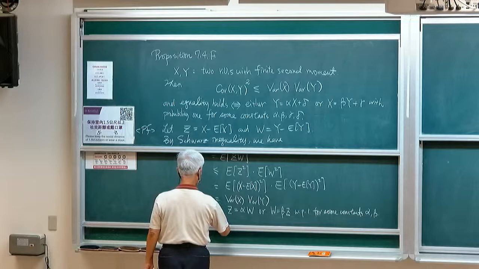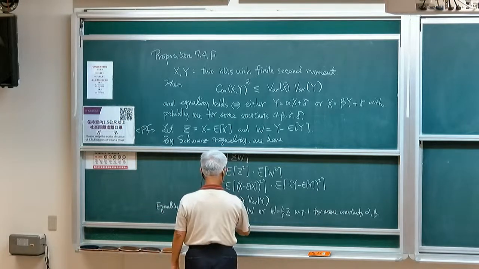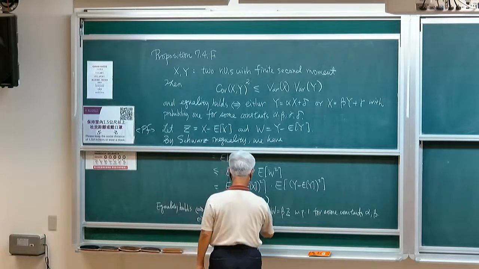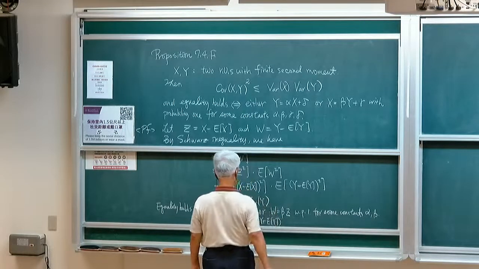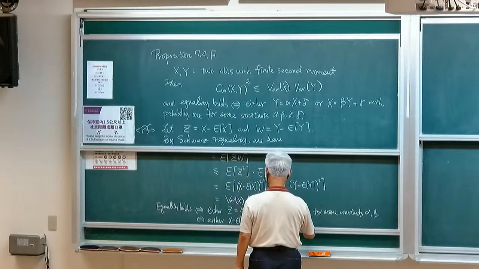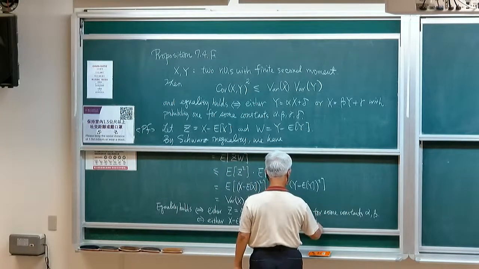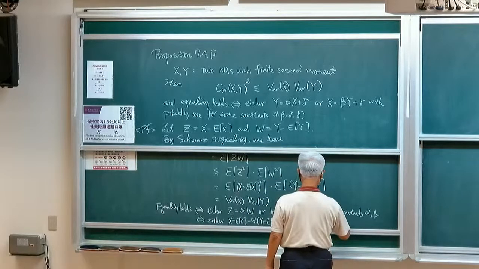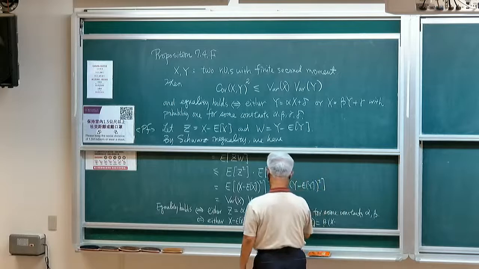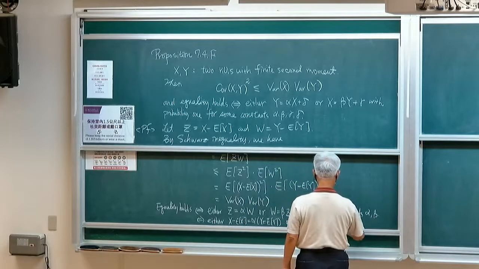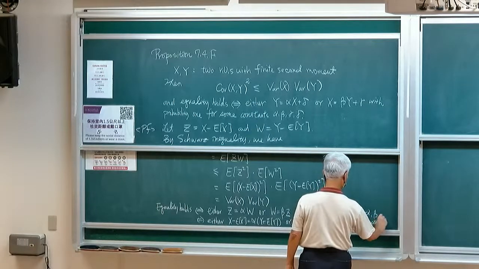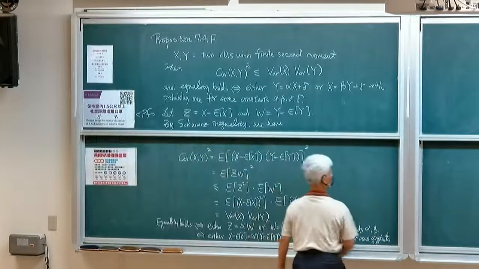And so we plug back in: X minus expectation of X equals alpha times Y minus expectation of Y, or Y minus expectation of Y equals beta times X minus expectation of X, for some constants alpha, beta.